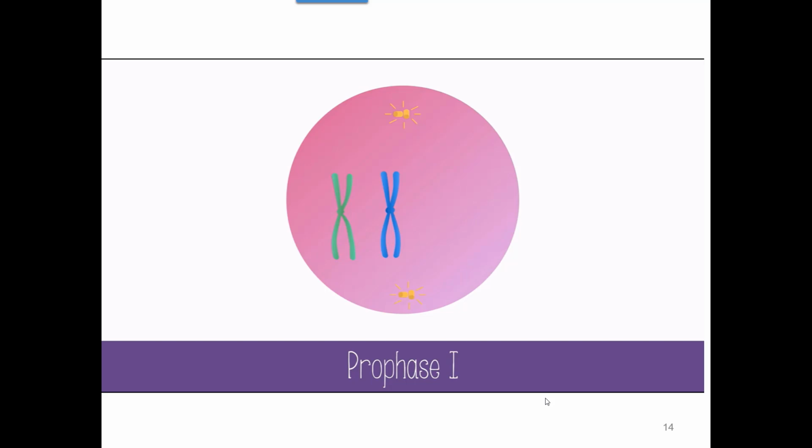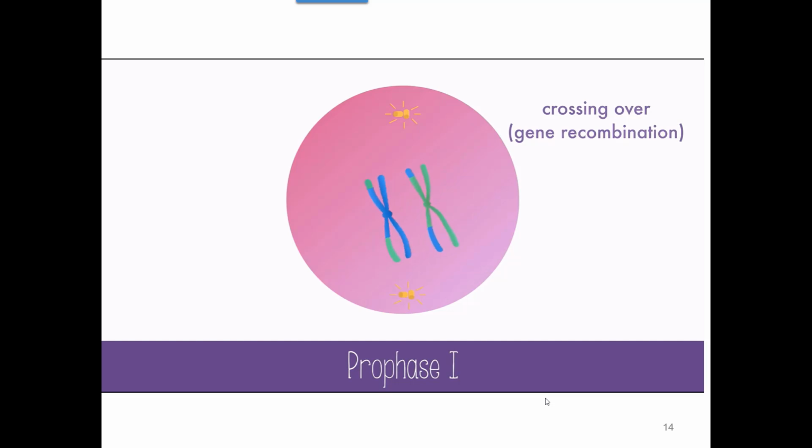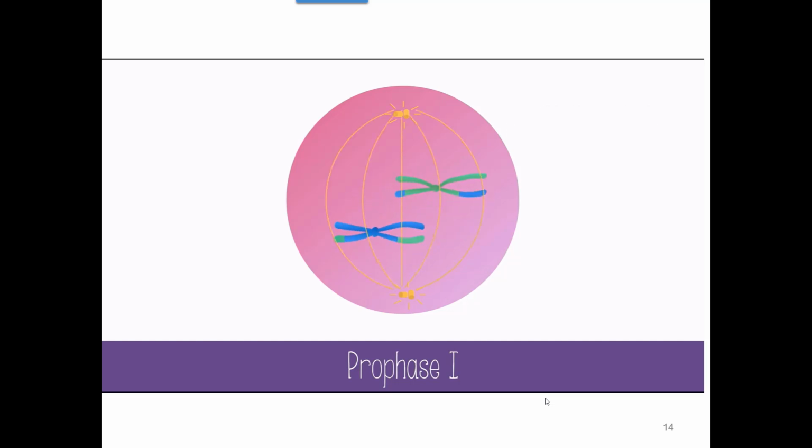The duplicated homologous chromosomes are called a tetrad. And when the tetrad pairs up, it's called synapsis. Once they're paired up, they will recombine their genes by crossing over. The duplicated chromosomes are no longer identical, which creates variation and diversity in the final gametes. Spindle fibers will attach to the chromosomes.